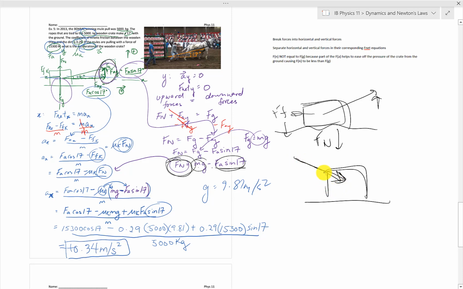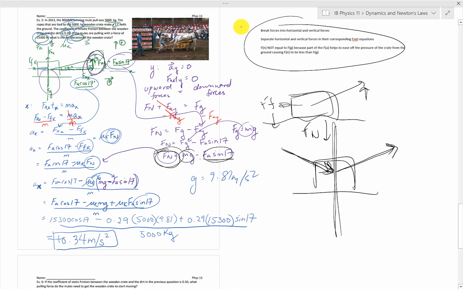Would it be easier to do this, or would it be easier to pull it up instead? So these are the things you want to think about involving the normal force, because now we're dealing with 2D forces in which the normal force can increase or decrease depending on the other vertical forces acting on this object. Here I have a summary of the key things I want you to grab out of this question.